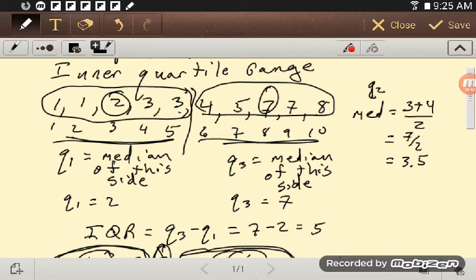I think it's important to see that there are various measures of centrality, 2 of which are mean and median, and various measures of dispersion, 2 of which are standard deviation and interquartile range. All right, so that'll do it for interquartile range.